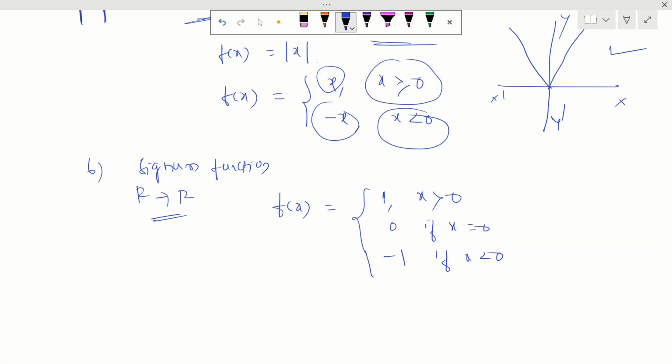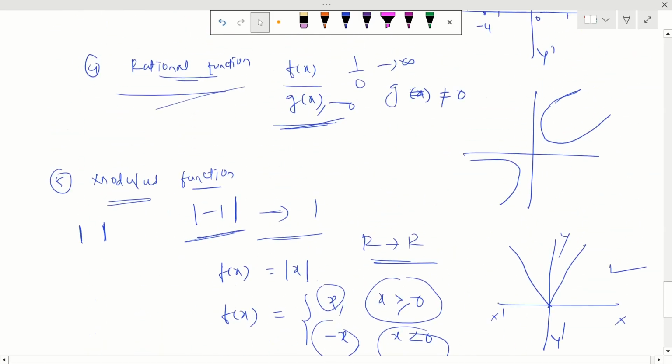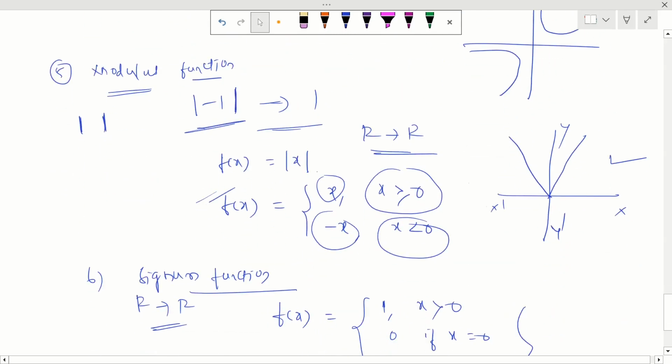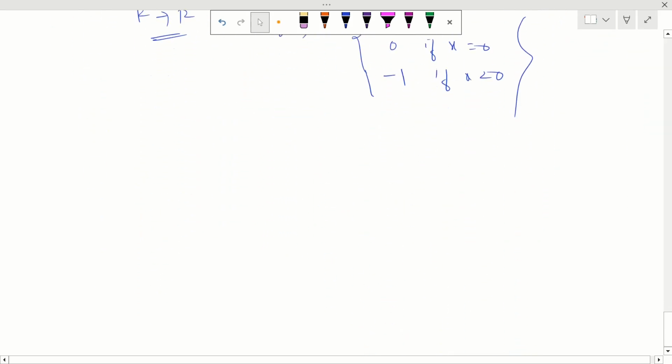Just remember that in the signum function we have three conditions, and in the modulus function two conditions. You have to remember all the statements of these functions with their respective graphs.